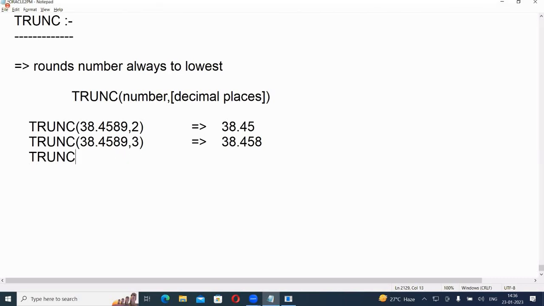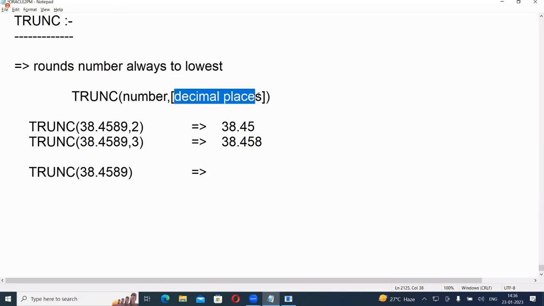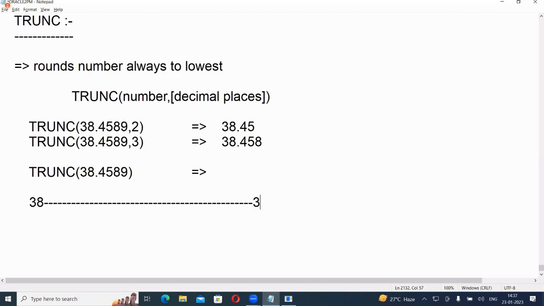Suppose trunc of 38.4589, but I'm not giving the decimals because decimals is optional. Then it is rounded to an integer. This number is between the range 38 to 39.